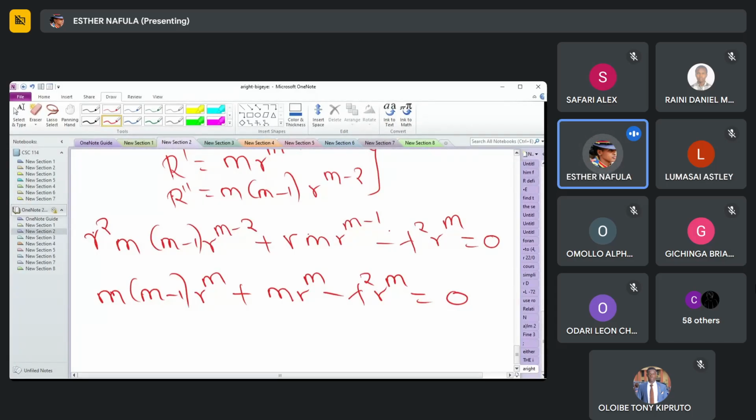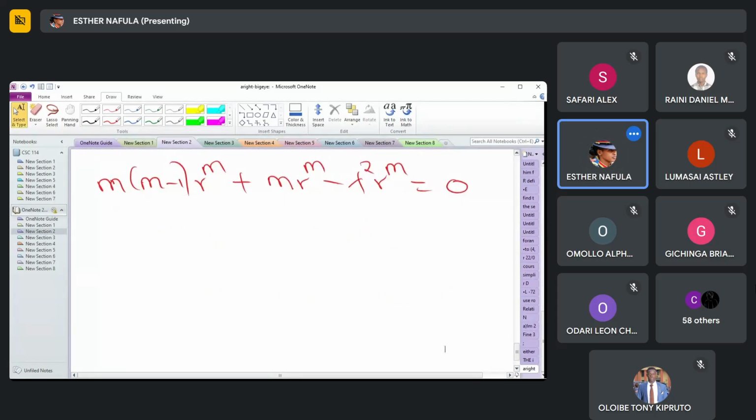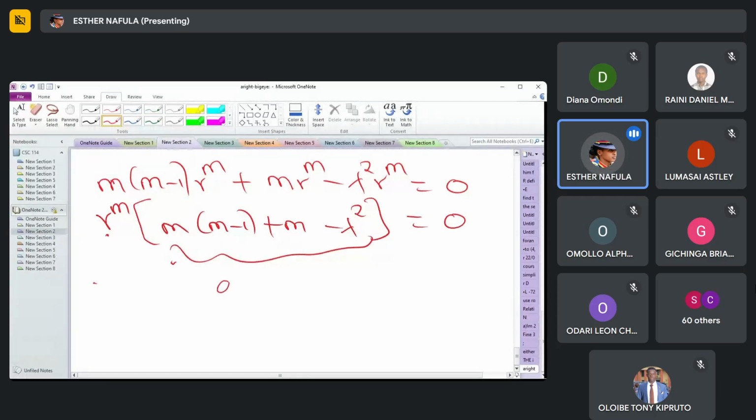Let's factor out the r raised to power m. r raised to power m into m into m minus 1 plus m minus lambda squared is equal to 0. r power m cannot be equal to 0. This is the auxiliary equation. We solve this for the roots.